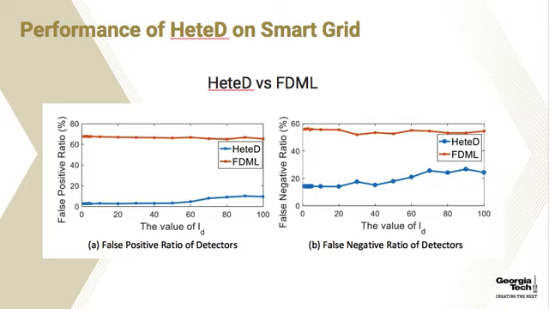We can also see that the false negative ratio of Hatid remains lower than FDML. So comparing the results of the two detection methods in the smart grid simulation, the false positive ratio for Hatid is very small, and it is lower than 20%, which is a good detection effect.